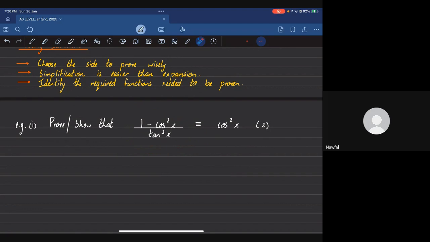Secondly, if I choose this side to prove it to the other, I'm simplifying it. So I'll choose this one first. We'll see that I've chosen this side, 1 minus cos square x over tan square x.